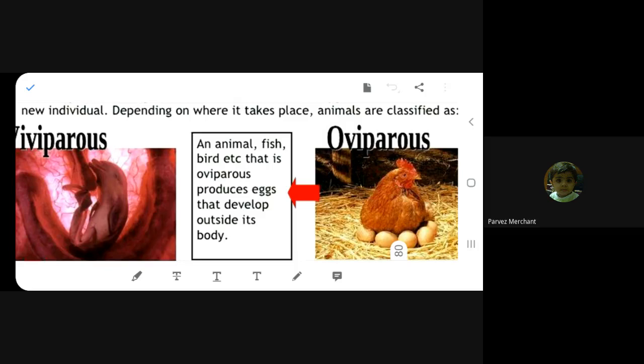Define asexual reproduction. Describe two methods of asexual reproduction in animals. Please start. First, you define asexual reproduction. In asexual reproduction, there is only one parent who gives thousands of babies. It's not who, it's which.